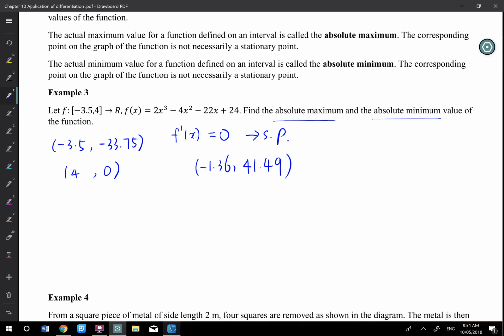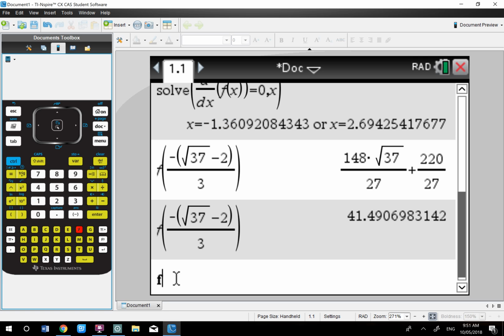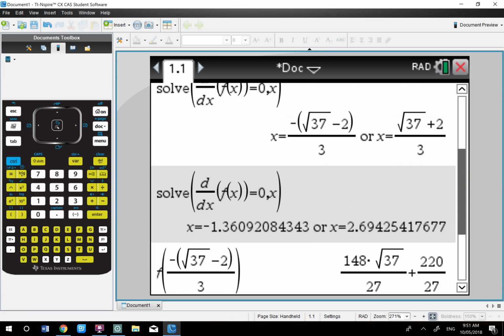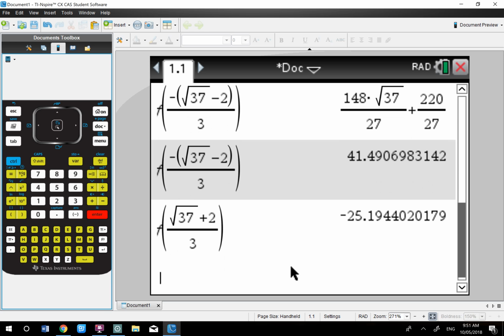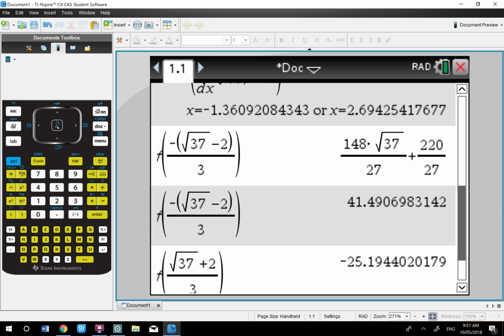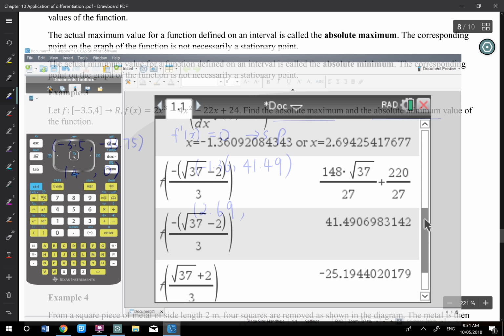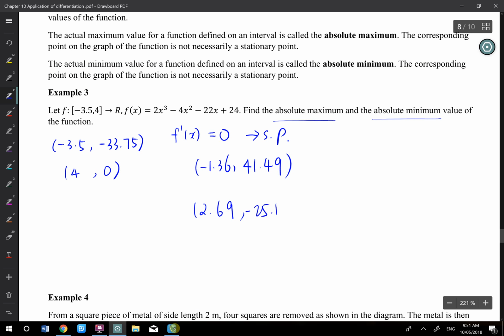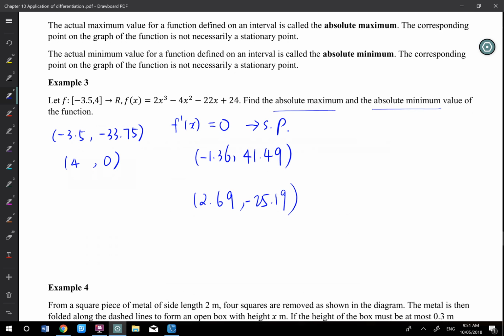Another one is f of this value, control and enter. That gives me negative 25.19, so the x value is 2.69, point 2.69, negative 25.19. So those are the two stationary points I can find from the cubic.